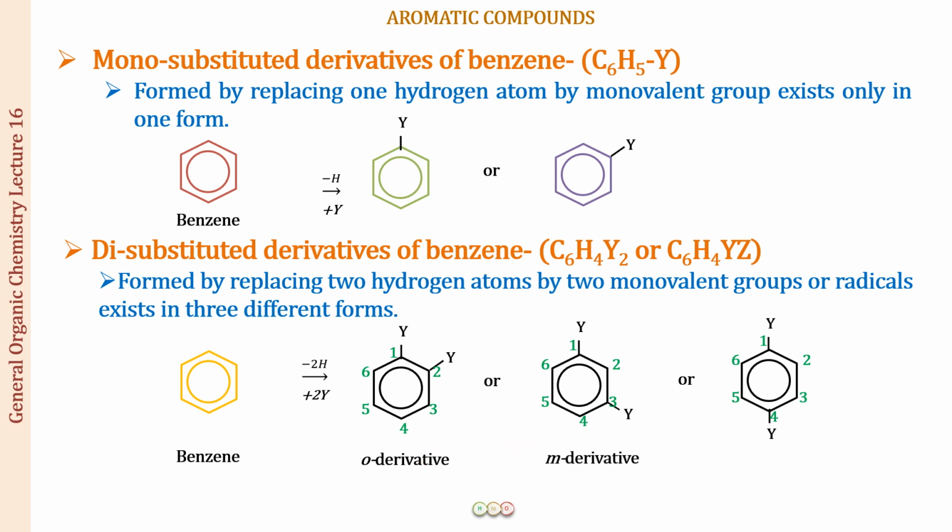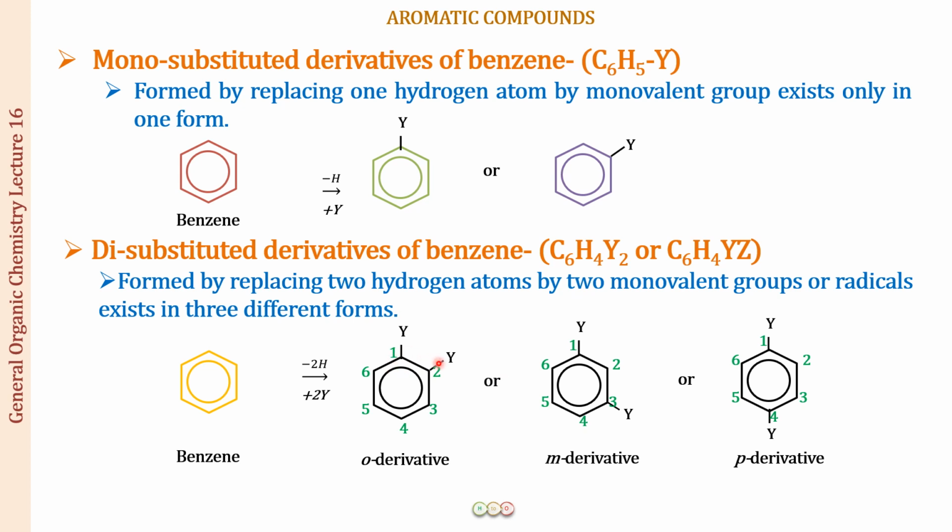And the next one, where we have position number 1 and 3, is called a meta derivative, M derivative, and the next one is a para derivative which we represent as P. So it is at position number 1 and 4, diagonally opposite to each other. Alright, so O standing for ortho, M standing for meta, and P standing for para.